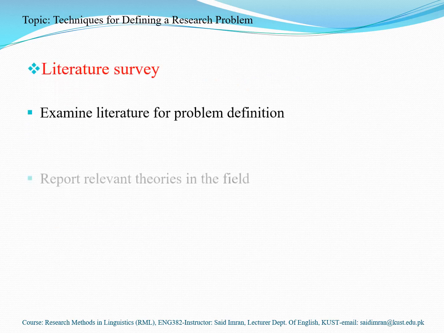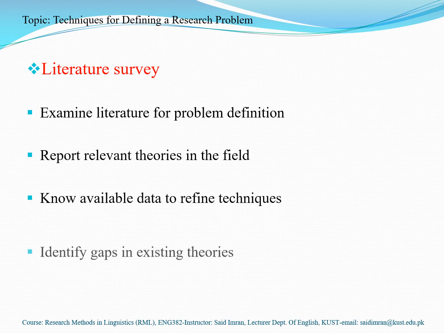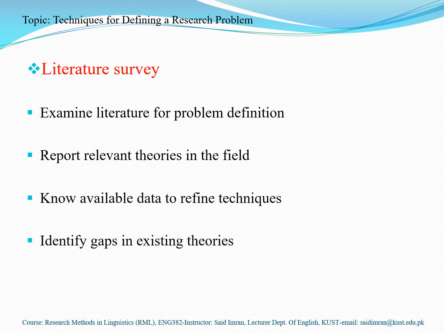The next technique is literature survey. Here, reading of the literature is important for refinement of the research problem. First of all, we consult literature for problem definition, operational definitions especially.